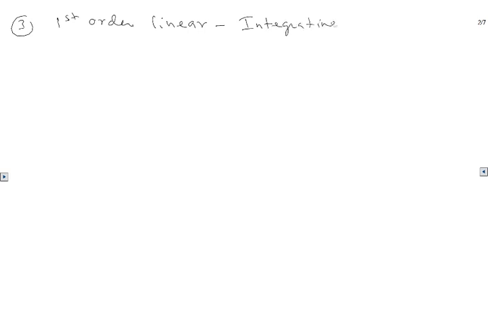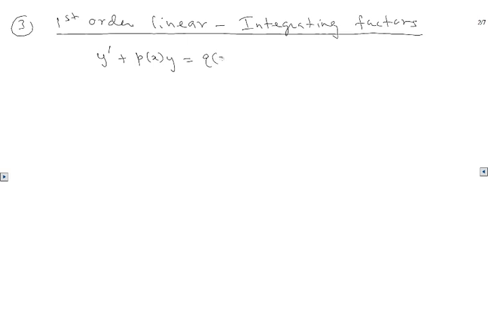So we need to write the equation in the standard form, what we normally call y prime plus p(x) y equal q(x). We can write it in this form first. This is what we call the standard form for first order.